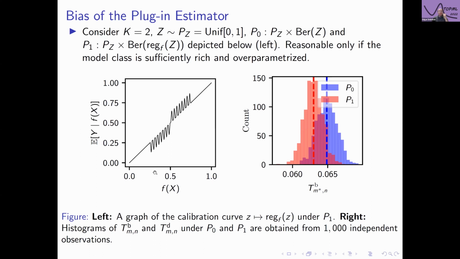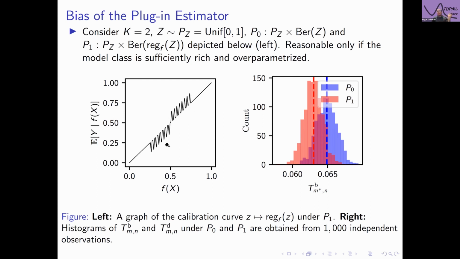For small values of f(x), the predicted probability of y given f(x) is... let's see how this works. So I believe that my true success probability is 0.3, but my actual success probability is 0.2. So it's underconfident here and it's overconfident here.